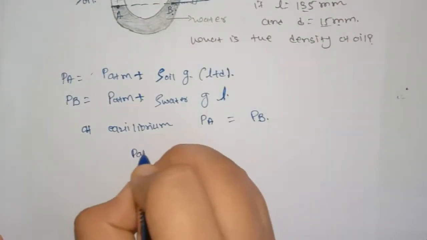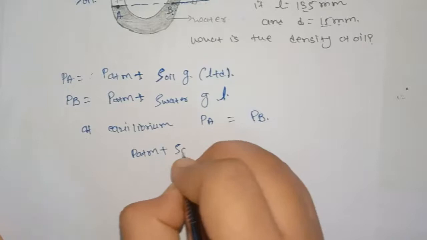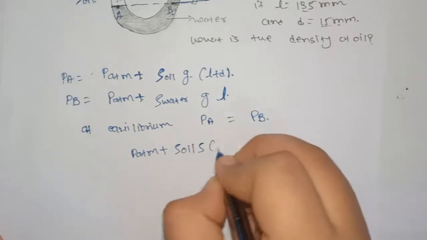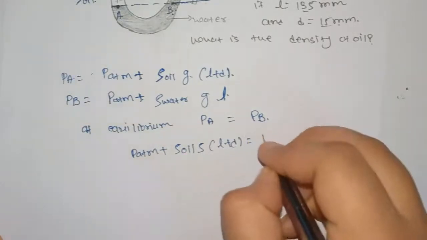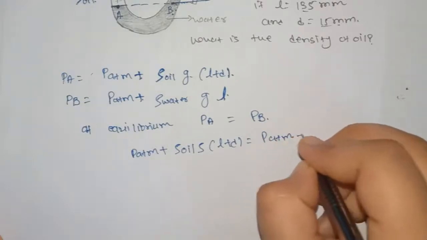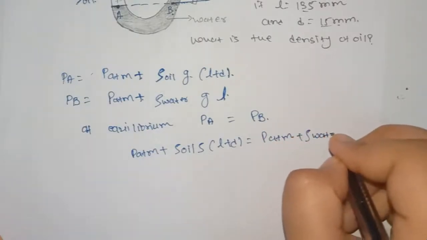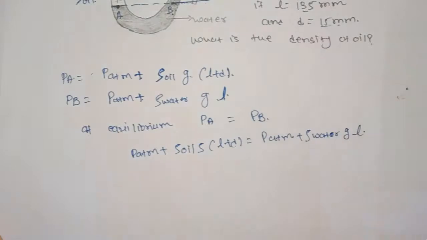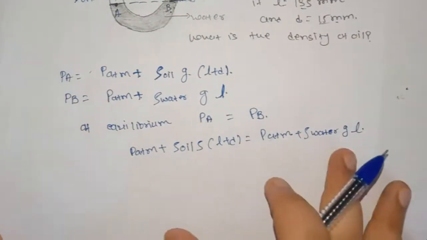So P atmospheric plus density of oil into g into (L plus D) is equal to P atmospheric plus density of water into g into L. This P atmospheric will get cancelled out.